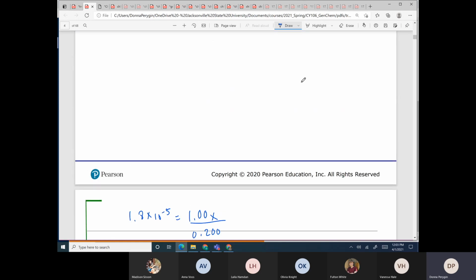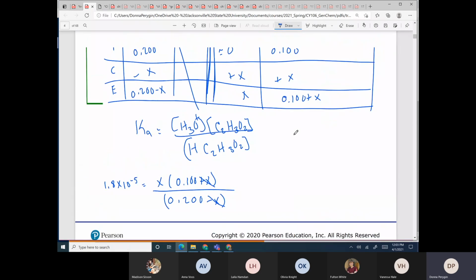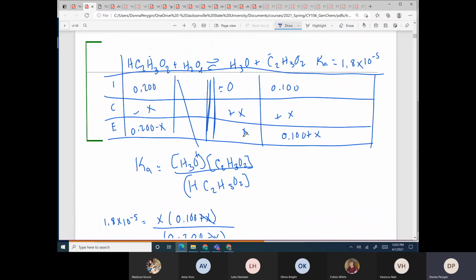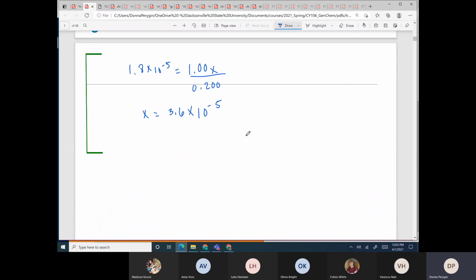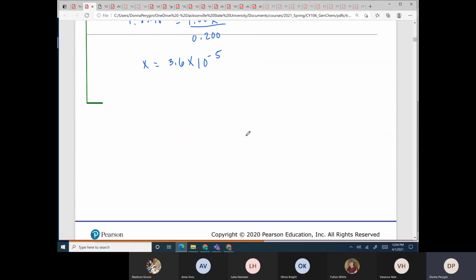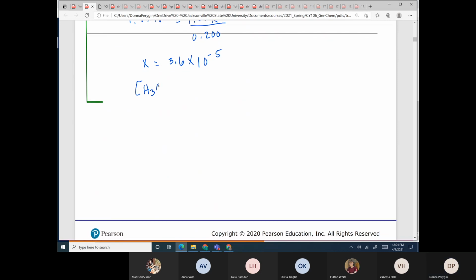Okay, and so that X is your H3O plus concentration. I'm not going to check X is small. I'm just going to say it was valid. So H3O plus is equal to 3.6 times 10 to the minus 5th.